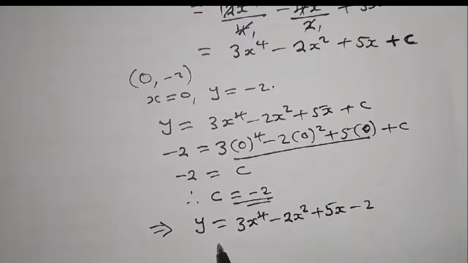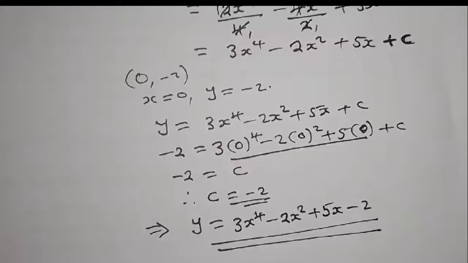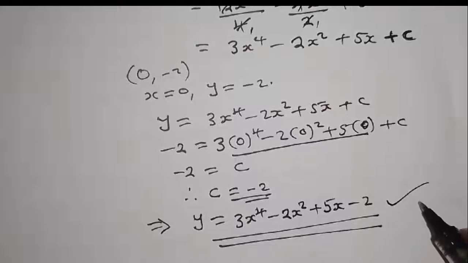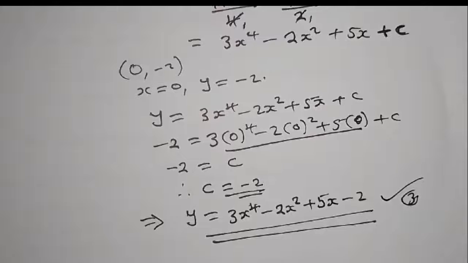Okay, and this is the original equation that we are looking for, and this gives you 3 marks. So thank you so much for watching, and this is how you can go about answering question 3 on calculus.